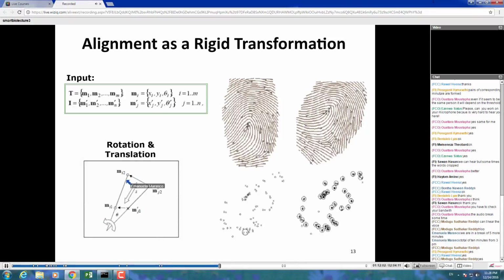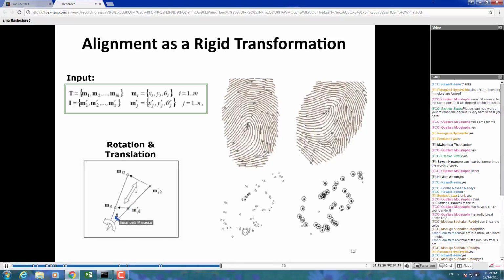Now, this is the same as the match, right? We have the template, a set of m minutiae, and the input, a set of n minutiae, represented as we can see in this figure: the template, and then the query, where the figure has a different placement.